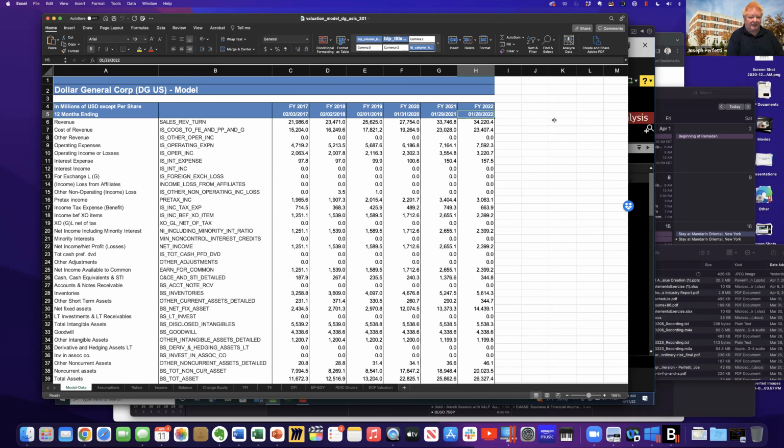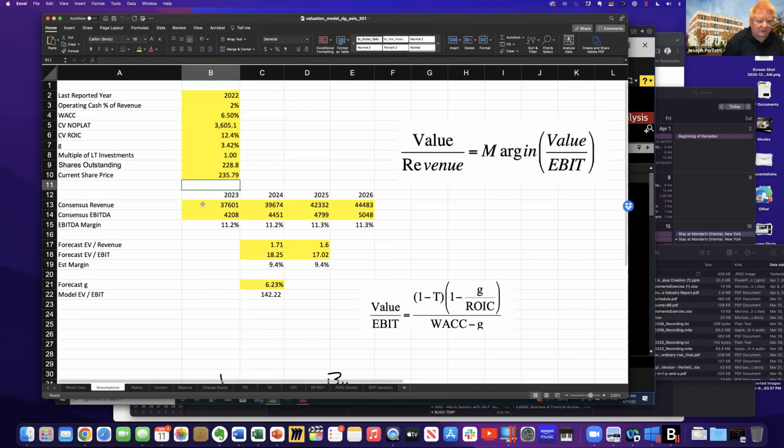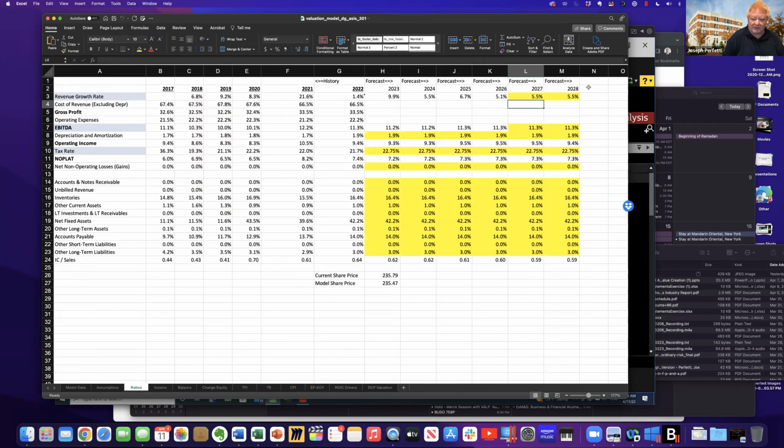So they're technically in their fiscal year 23 right now, which is the first forward year. Okay, so they closed their year January 2022. So here under assumptions, last reported year, we need to switch to 2022. Okay, and then all of the ratios and forecast years have been adjusted. So that's now 2023 and beyond.